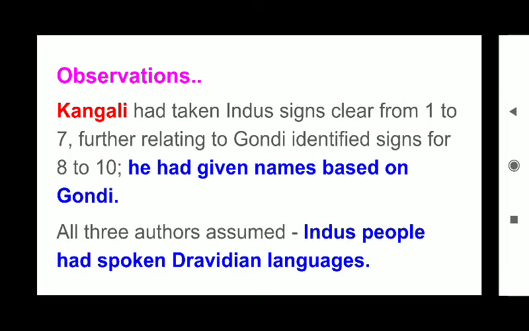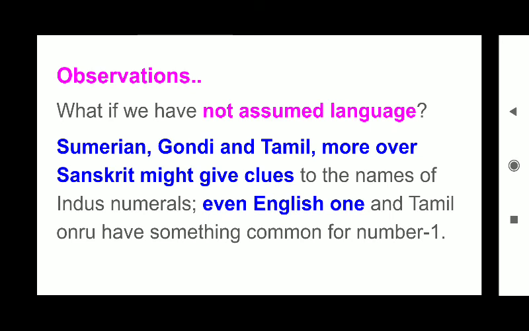Ganguly had worked a bit deeper into that, and he had related the Indus people to the Gondi people, and with the cultural relations and the continuity, we could come out with very impressive results. And he uses 8 to 10 different signs that Peterson had recommended as an actual system that could have been used by Indus people.